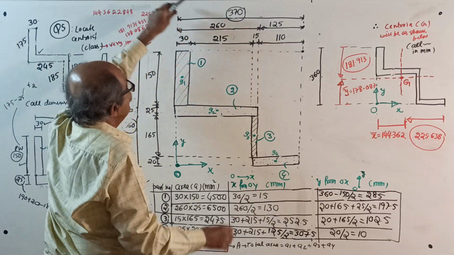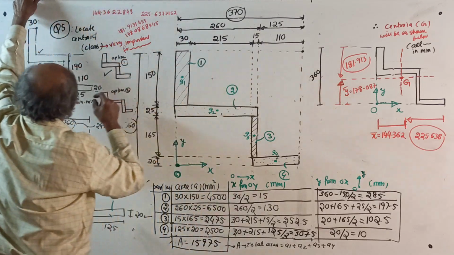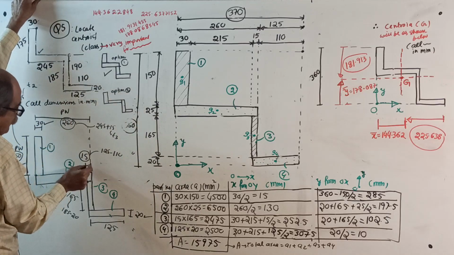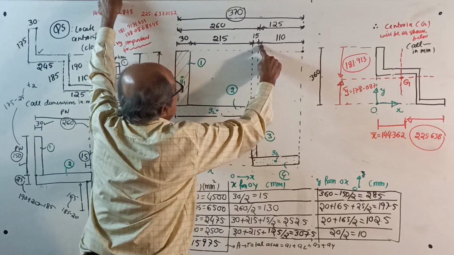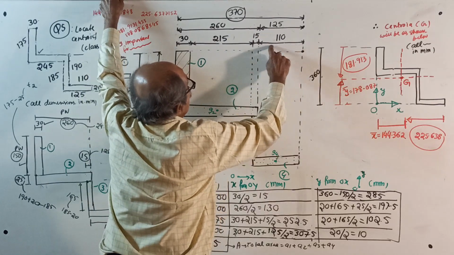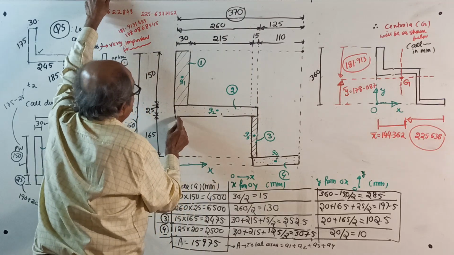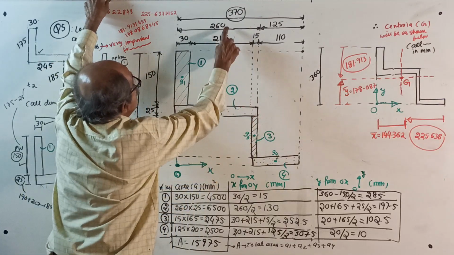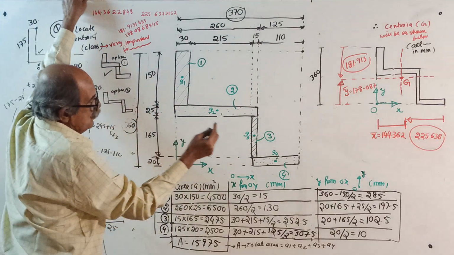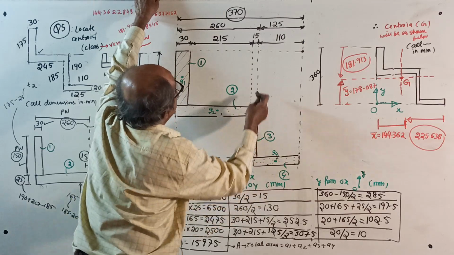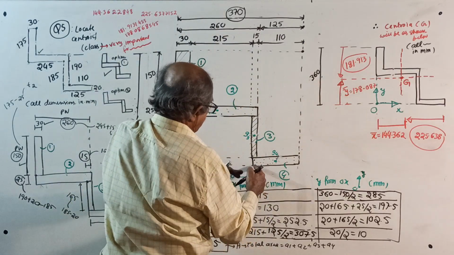How did you get it? You write there 215: 245 minus 30. This thickness, just now we got 15. It is here, 15. This extra length here, one minute now. Next, for this rectangle, the full base is 260. I already got it here, 260. And for this rectangle, see, project here, up to where?